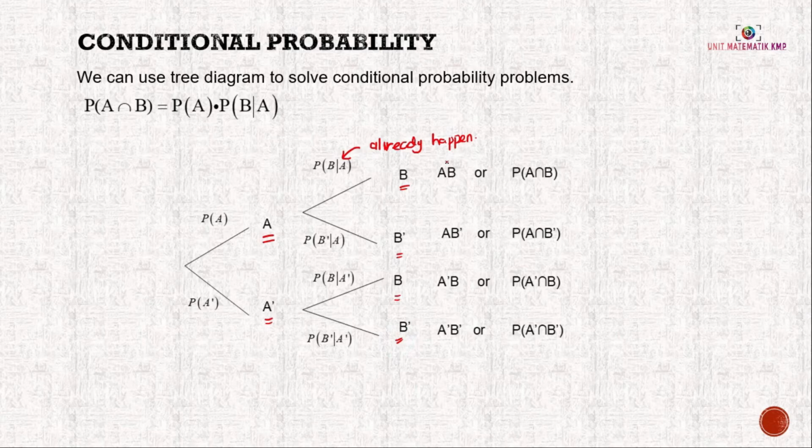So AB is the result of our tree diagram, then AB prime, A prime B and A prime B prime. Remember, we multiply along the branch, so these two probabilities we multiply. So AB is equal to P(A intersect B) as well.